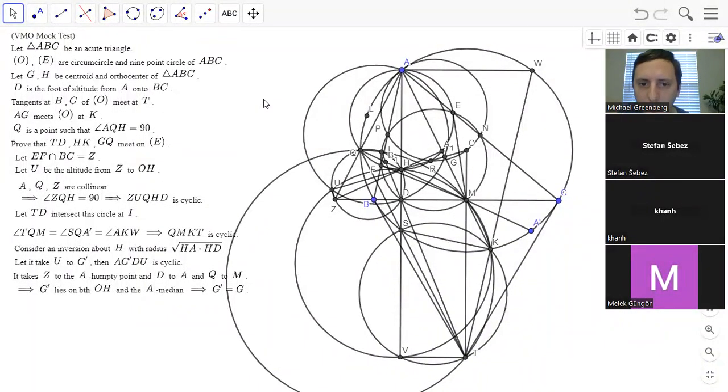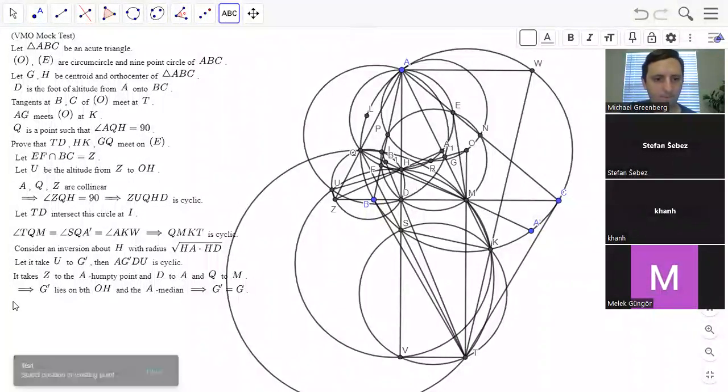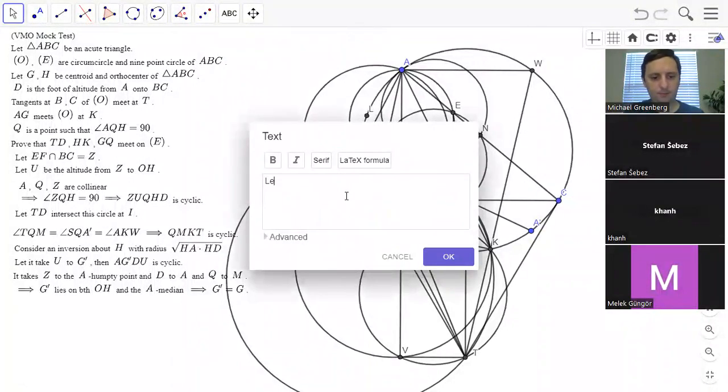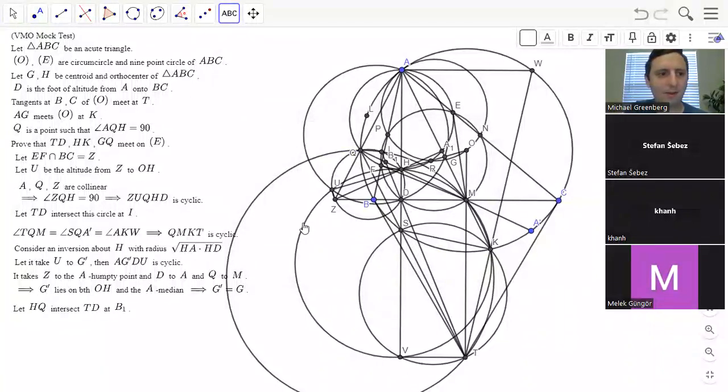Let MQ intersect TD at B1. And this is great. Now we actually also have that I, H, and K are collinear because we know that I lies on the big circle. So we proved the one part of the problem.